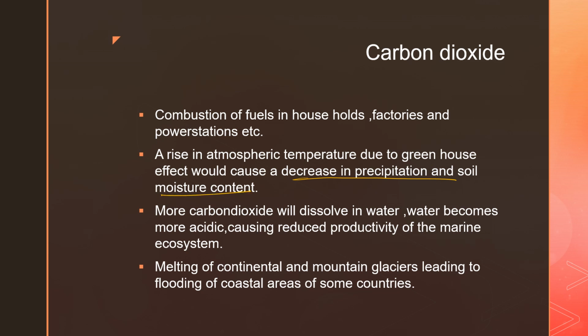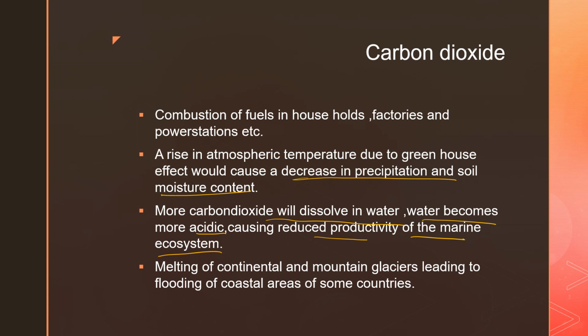Now the more carbon dioxide there is in the environment, the more will dissolve in water and the water becomes more acidic. And what is this acidic property doing? It is reducing the marine life; the animals and plants in water will die as the water has become acidic due to more carbon dioxide in it.